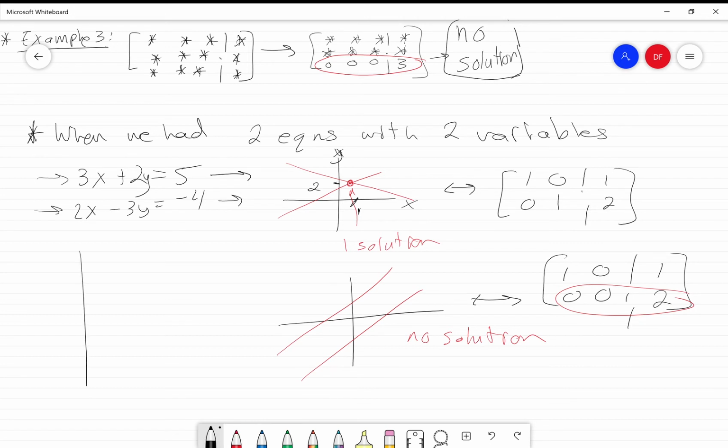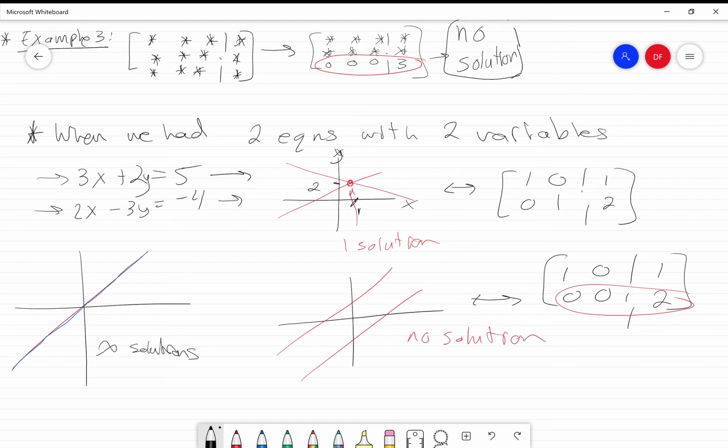And if I had, for example, a line here and the same line that is on top of it, right? This is infinitely many solutions.